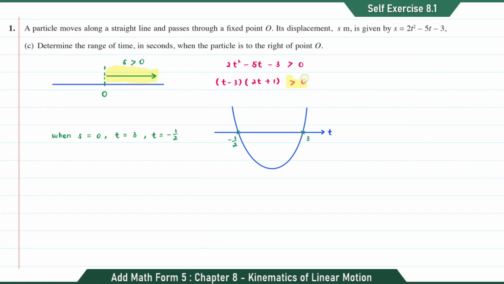As this quadratic inequality is greater than 0, then the range will be above the t-axis. For the time, it cannot be negative, so we're going to ignore this part, and the correct range will be t greater than 3.